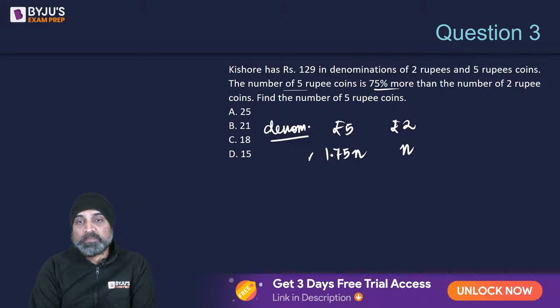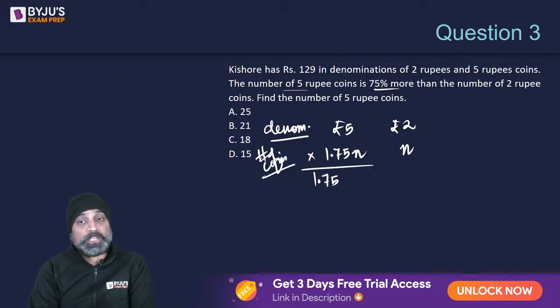Now the total amount we can calculate is by multiplying the number of coins with its corresponding denomination. And this should result in a total of 129 rupees.